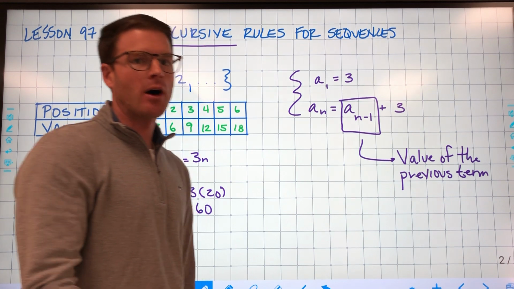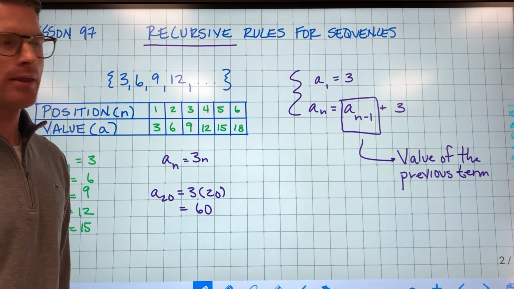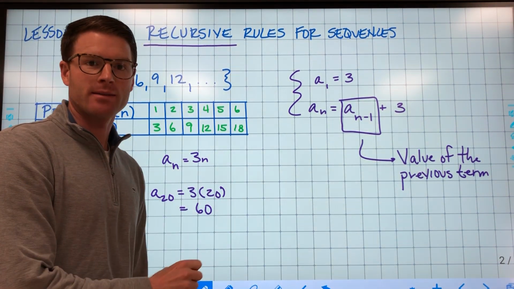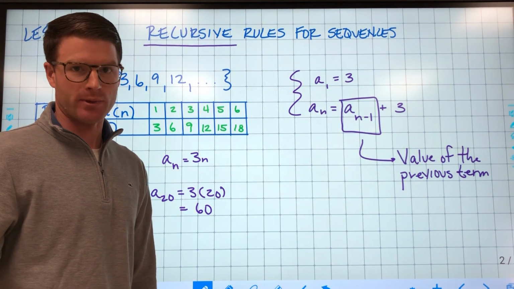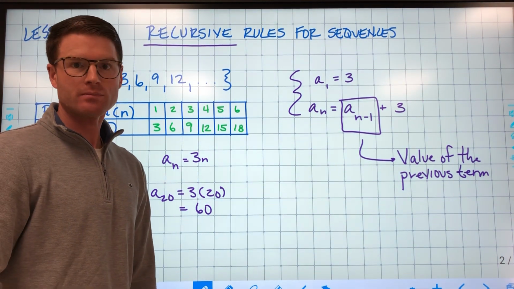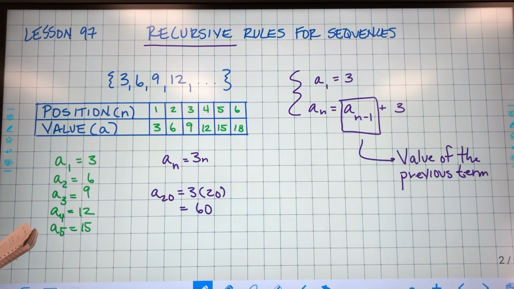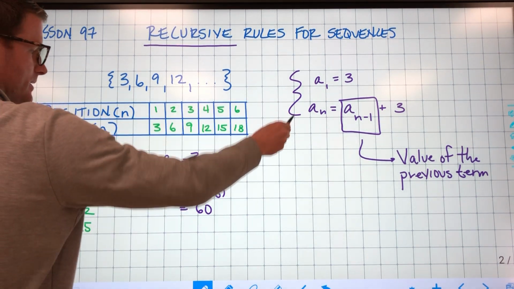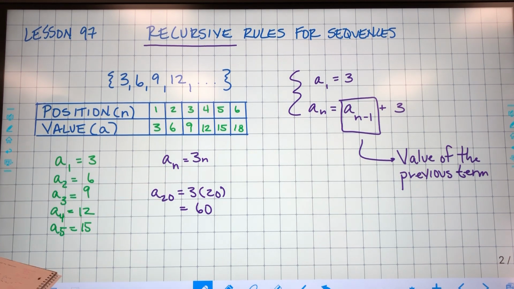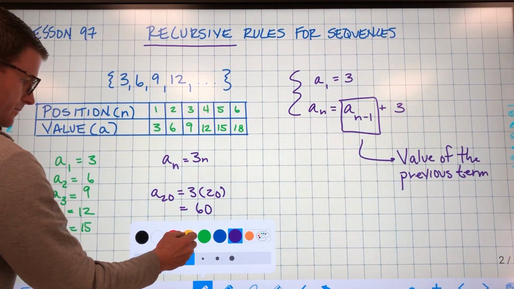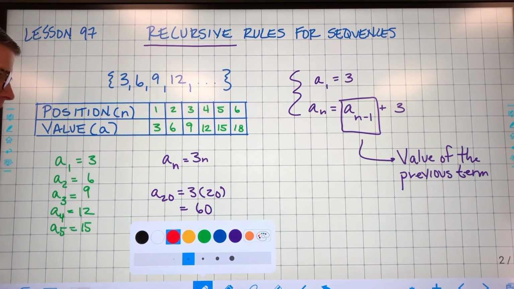So if I want to find the 100th term's value, then I need to know what the 99th term's value is and add 3 to it. That's it. Okay. So let's apply this to this. And so if I want to find the second term, I'll go red. All right.